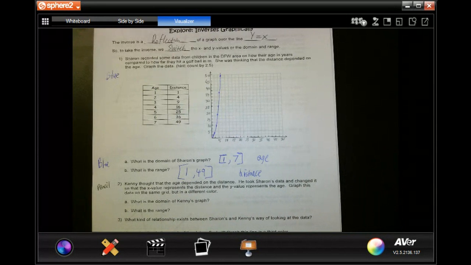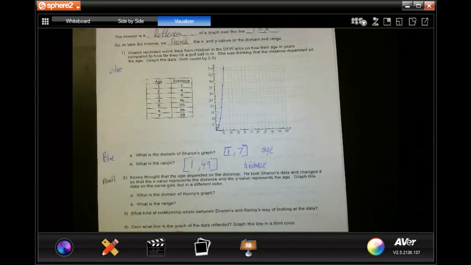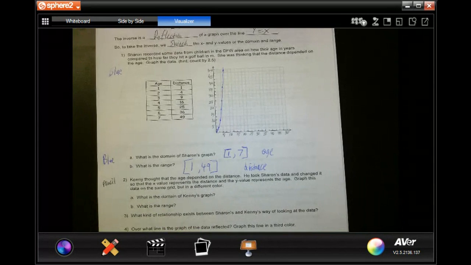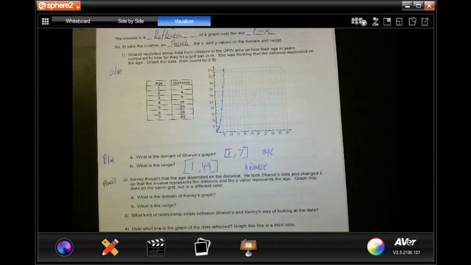Okay, our man Kenny here, what's the domain of Kenny's graph? He's thinking that distance is what's kind of causing the age. That's one way to think about it, or that age is depending on the distance. It's something you could glean, like if you knew the distance kids were hitting it, you could probably guess what their ages are, but that's not what's causing it.